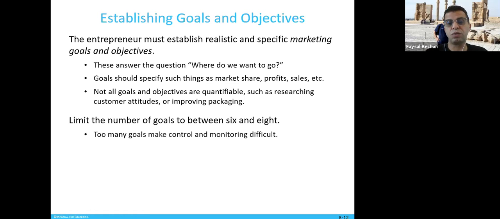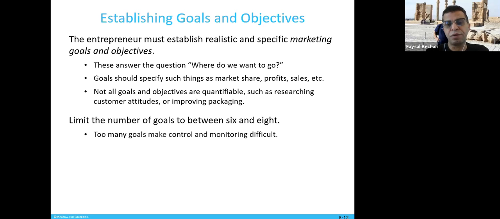Now, you need to establish the goals and the objectives in the marketing, not only in the business, in the marketing also. It could be different, or very similar to them. The entrepreneur must establish realistic and specific marketing goals and objectives.